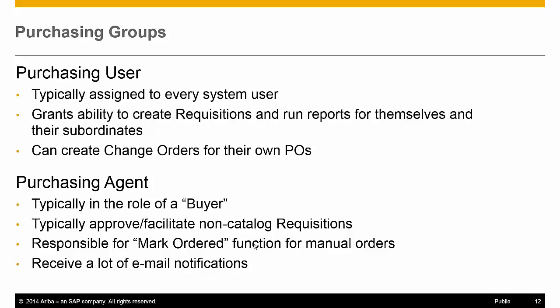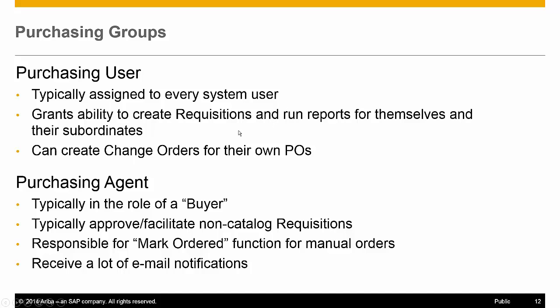The next functional category is what we call purchasing groups. As we saw in the previous slide, this is one of our major functional areas. And we'll start off with the purchasing user group. This is the most basic group that you will probably be granting to every user that you set up in your system.